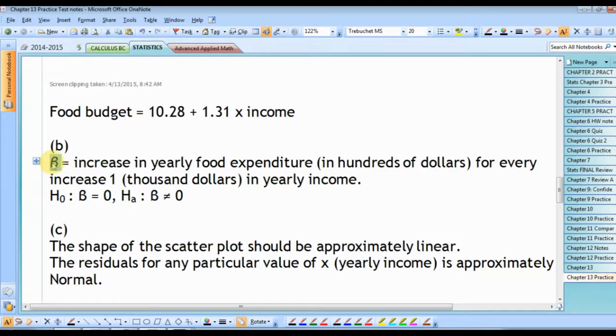So we should figure out what beta stands for. And of course it is the slope of a line. We want to put some context in here, so we're going to say it's the increase in yearly food expenditure for every increase of $1,000 in yearly income. Maybe I should write it like that, for every $1,000 in yearly income.